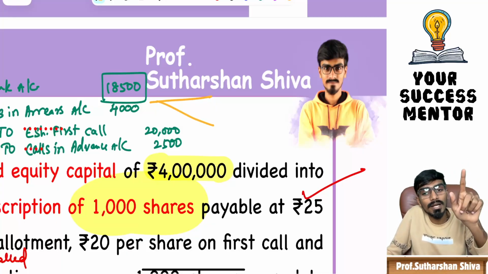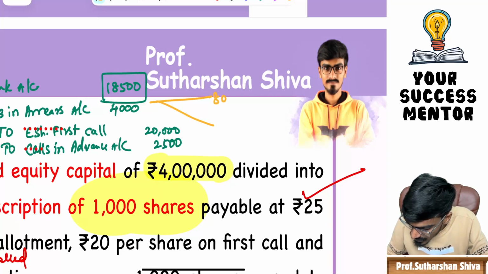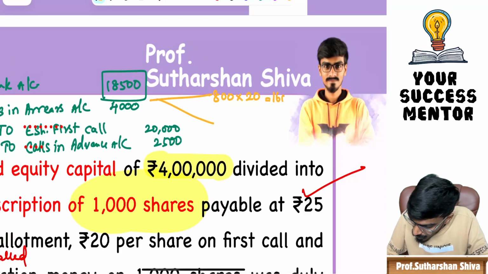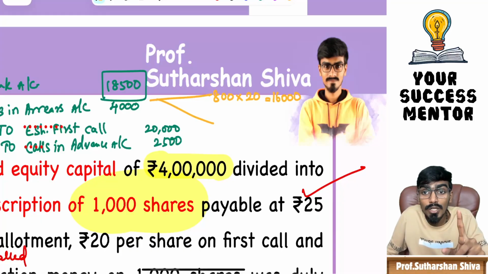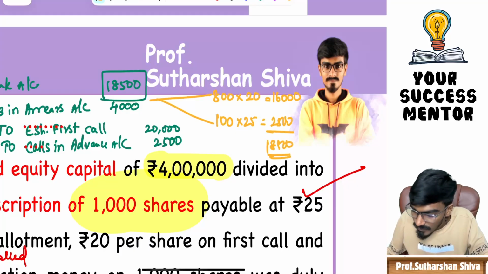Two shareholders holding 100 each are not paying. So 200 shares are not being paid. So only 800 shares into 20 rupees has been collected. Correct? Yes, sir. Which will give you what? 16,000. The shareholder who is holding 100 shares is paying 25 additionally. So that is nothing but 2,500, which gives you 18,500.